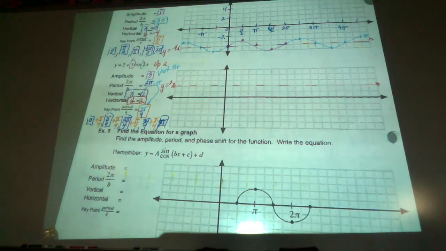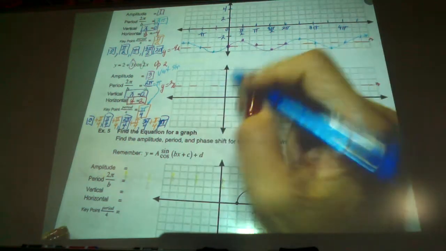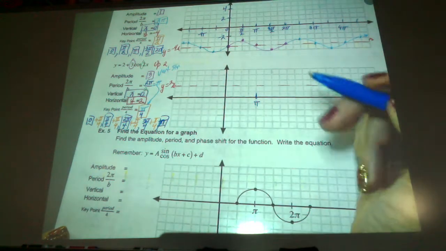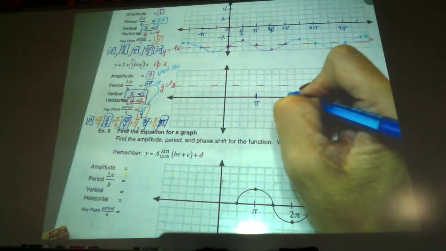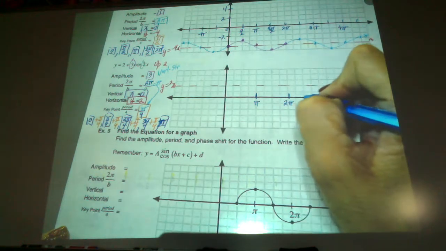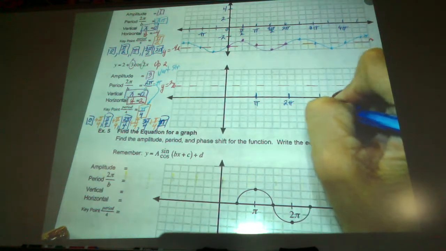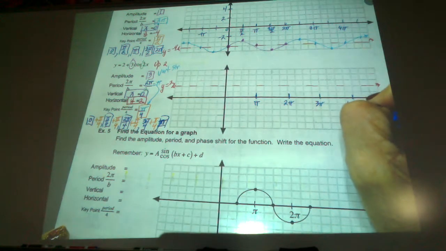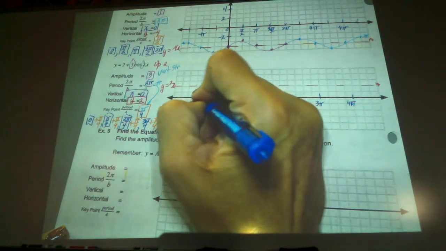So, what's my LCD? 4. So I want to partition my horizontal axis into 4ths. So every 1, 2, 3, 4, that's a pi. 1, 2, 3, 4, 2 pi. And go left.